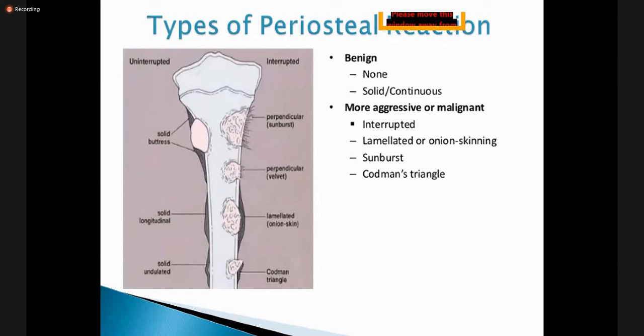Then there is the periosteal reaction. Whether it is benign or more aggressive, we assess on the X-rays. When there is an uninterrupted, solid or continuous periosteal reaction, it is benign.